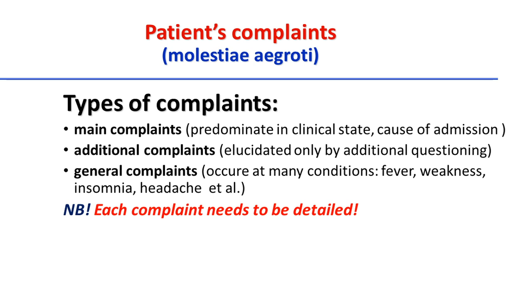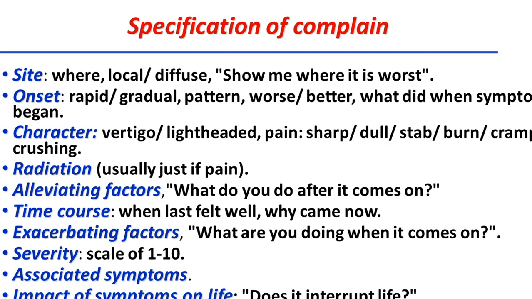This is malaise, weakness, insomnia, headache, decreased appetite. These general complaints may be present in many kinds of disorders. For example, malaise, decreased appetite, weakness may be present in flu, in myocardial infarction, in gastritis or in enterocolitis, and so on. Each complaint should again be detailed.